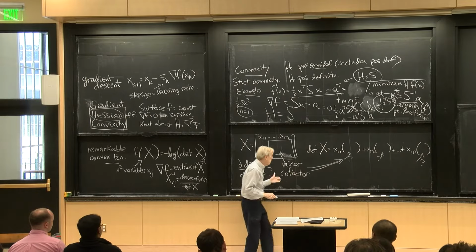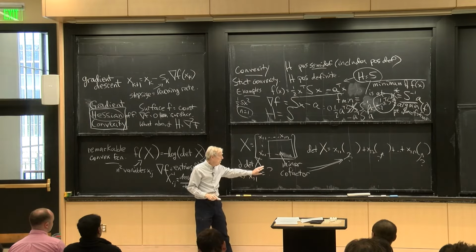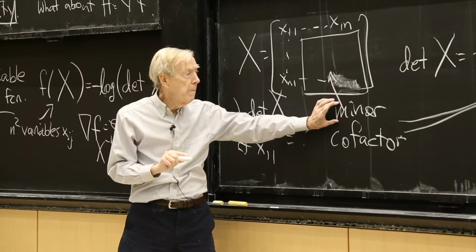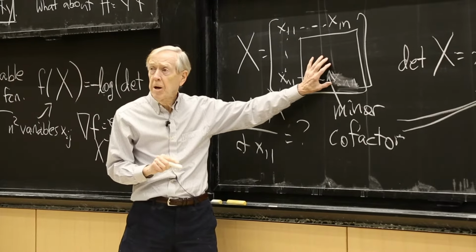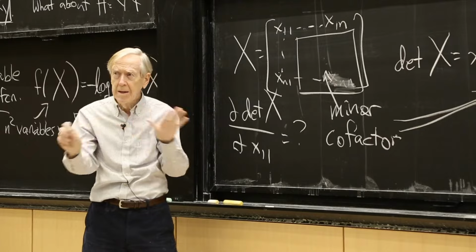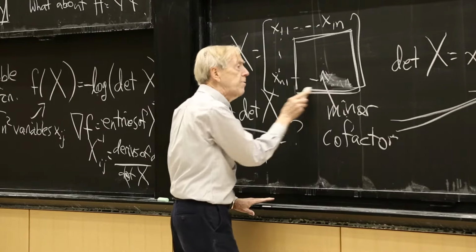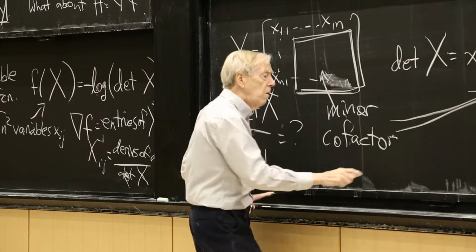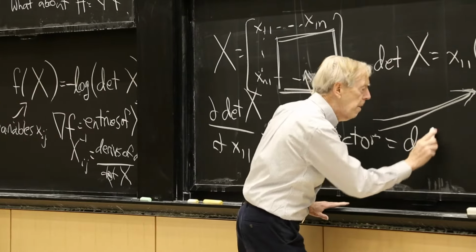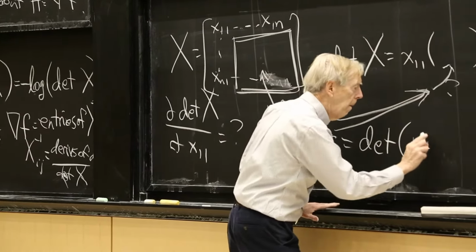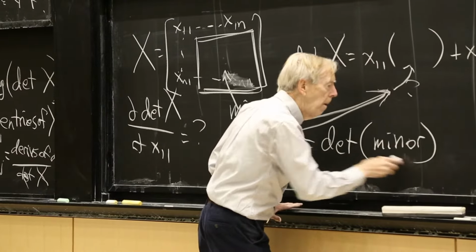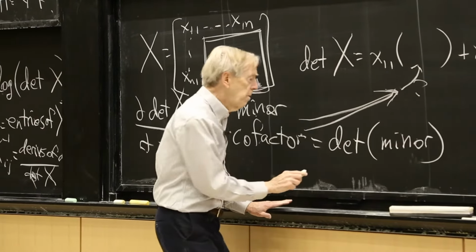Maybe I think of the minor as this smaller matrix, and the cofactor, which is the determinant of the minor. And there's a plus or minus.